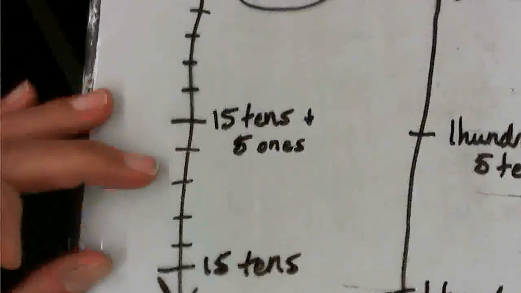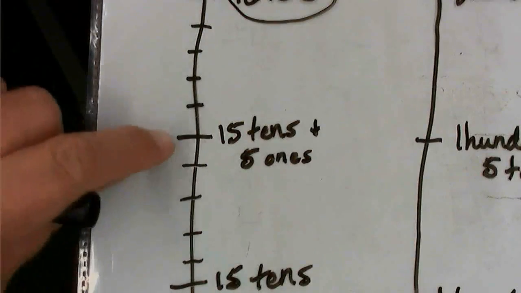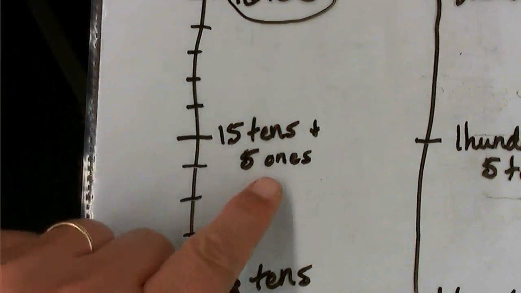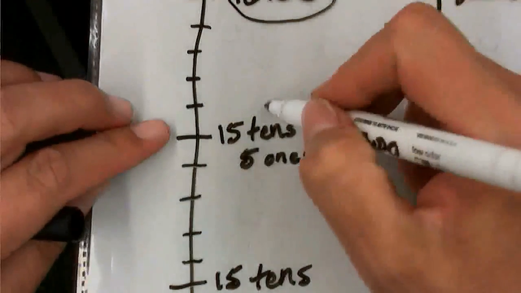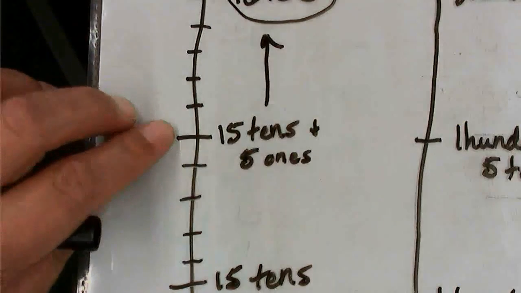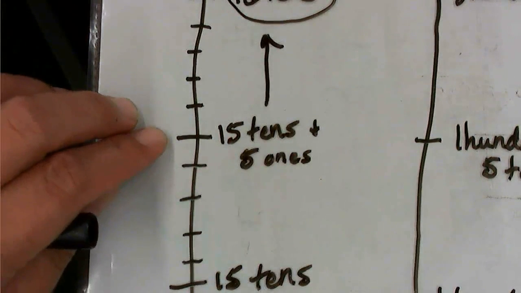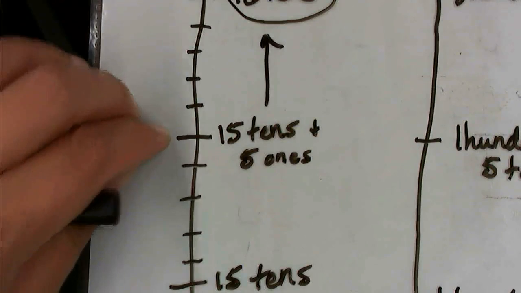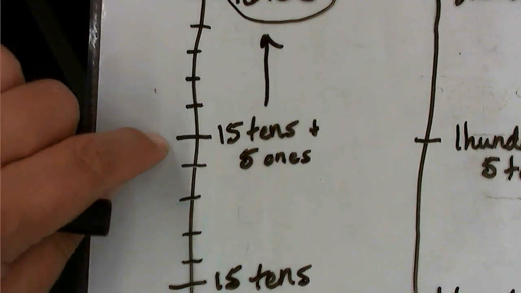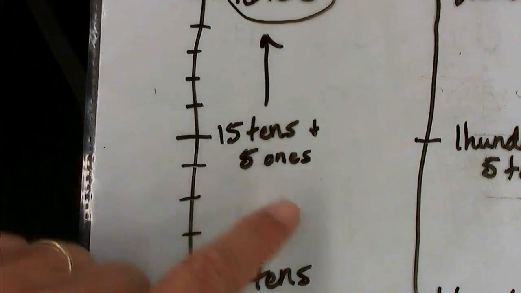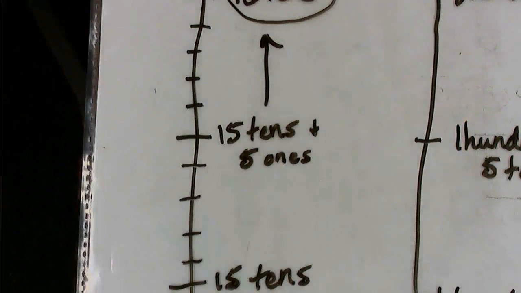Here's what it looks like on this place value chart. We've got 15 tens and 5 ones. We're close to this one. So if we were going to round 155, or 15 tens and 5 ones, we're pretty close to just 16 tens in that case.